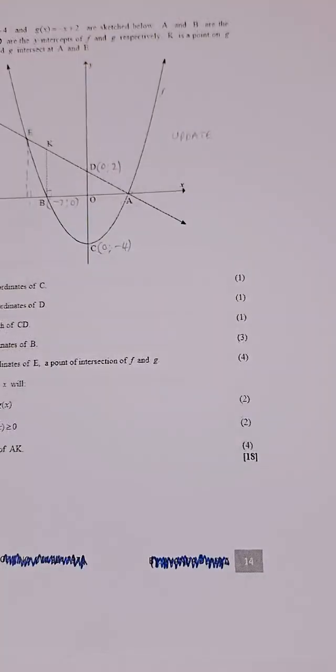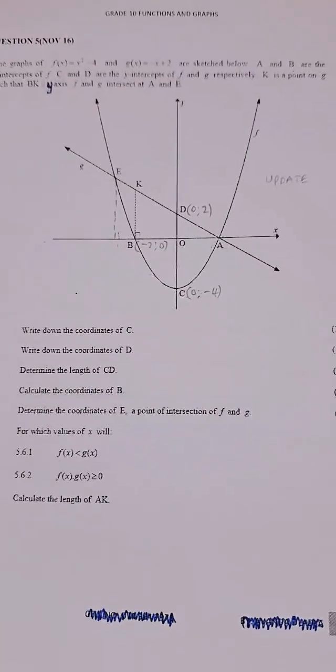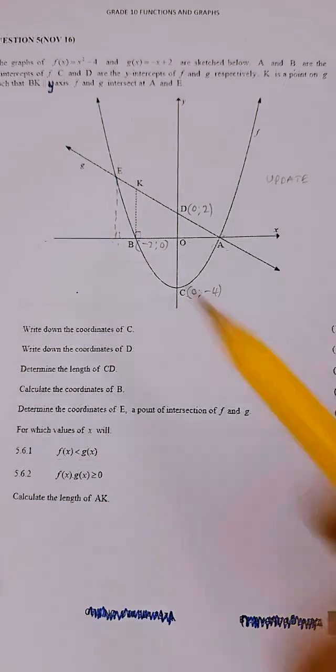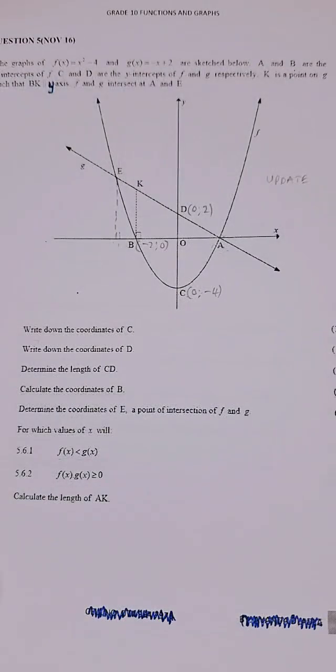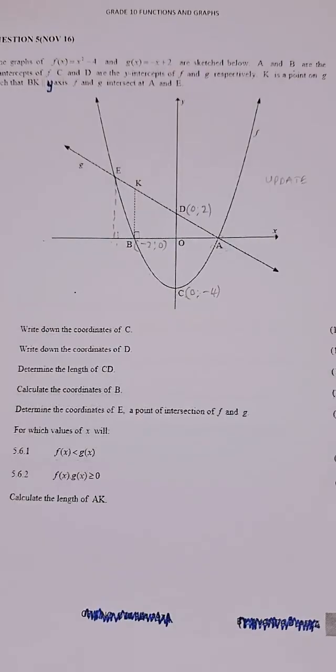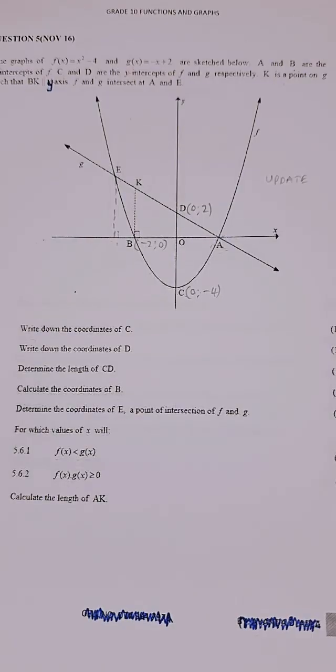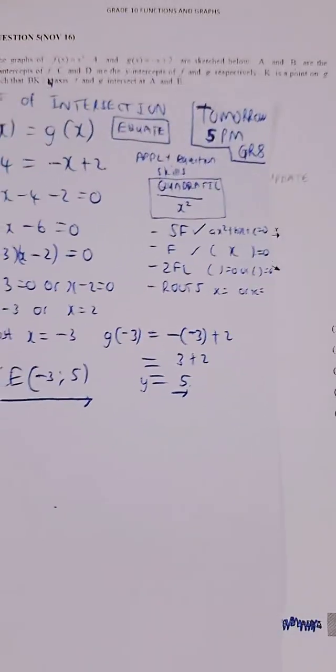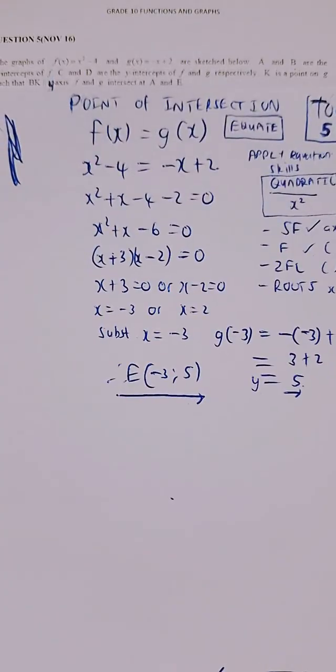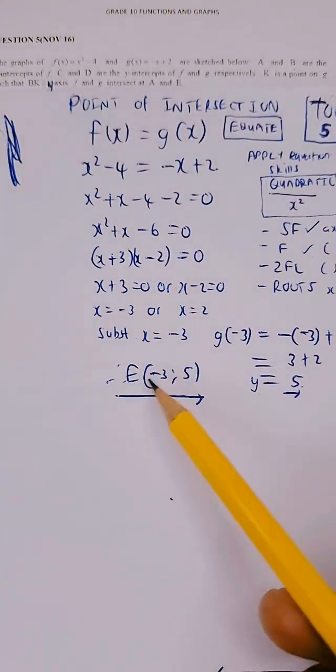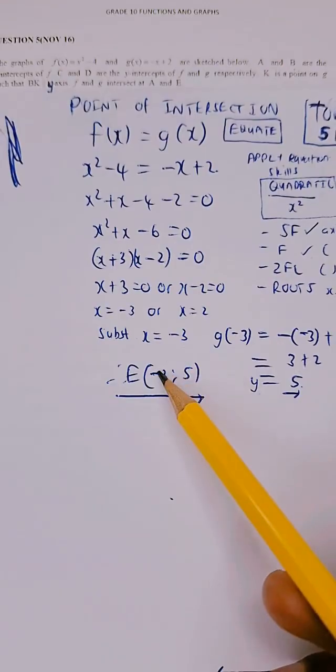So if we go to our sketch, let's do this. What is this? E. E is a point of intersection. What was the x value there at E? Do we still remember, guys, what the x value at E was? Do I need to remind you? The x value at E was -3.